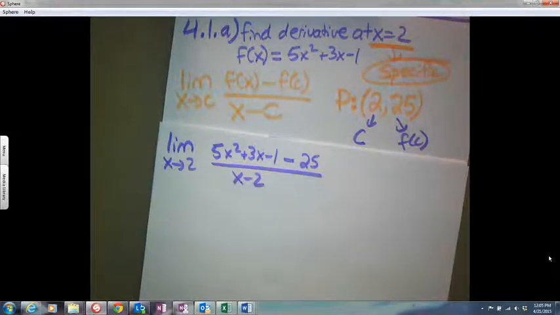Now, Brandon, what can I do upstairs here? Okay. Before I do that, Brandon, I think that's a great idea, and I'm about to do that. Can I simplify upstairs real quick before I do anything? Like, how could I rewrite the upstairs so it's a little bit more simplified?